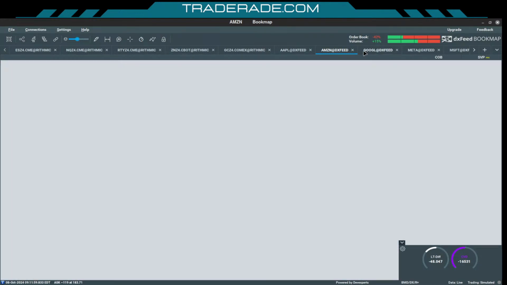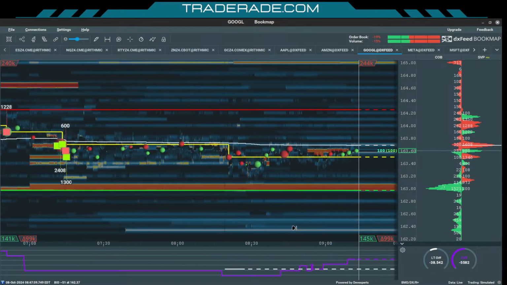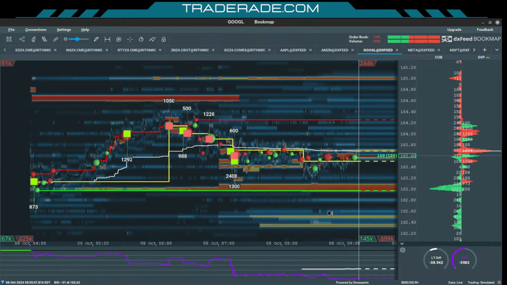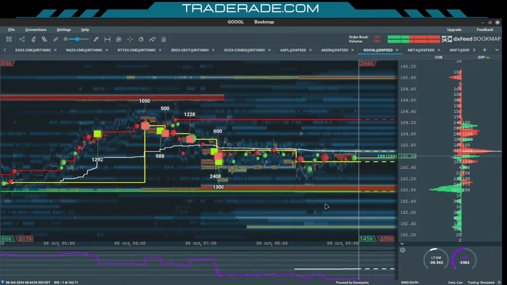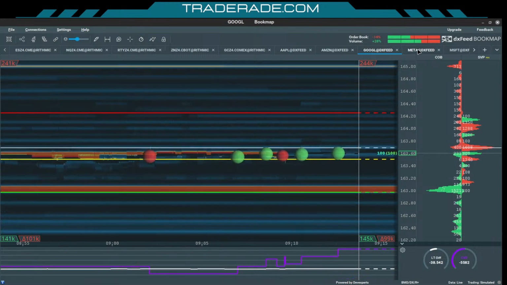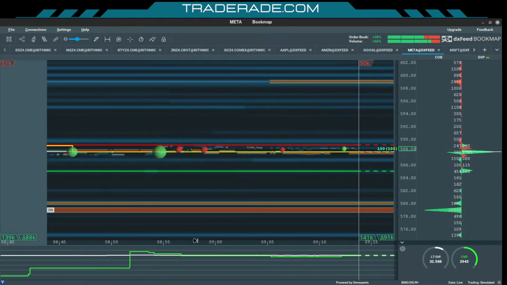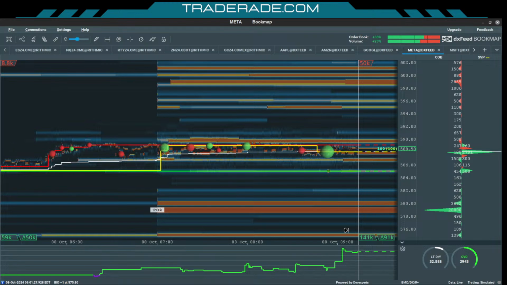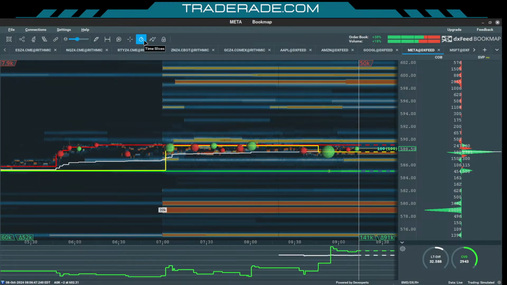We'll see how some of the mega caps do in this trading session, as the NASDAQ is set to open with less of a bid than the S&P. Google also pretty flat ahead of the open here, or Alphabet, whatever one likes to call them these days. Meta also pretty flat overall.